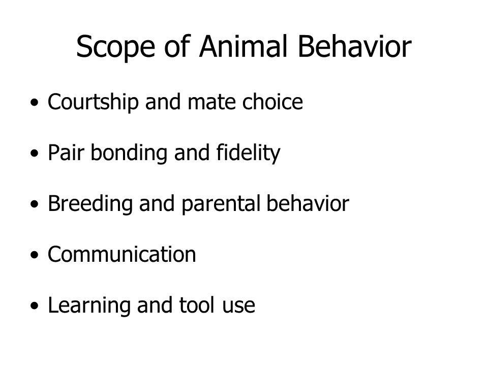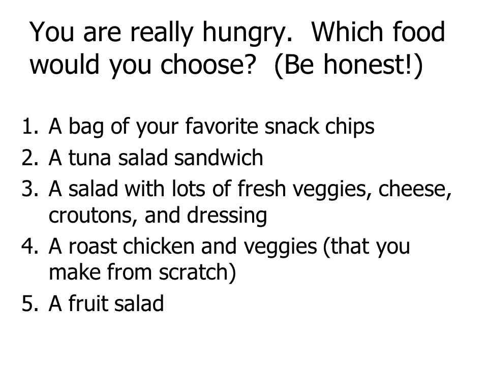Mate choice, fidelity, parental behavior, communication, learning. Okay, so think about which food you would pick and why did you choose that specific food? The answer is, if you're really hungry, don't you also go for easily obtainable high-calorie items? Right? So that's a behavior.